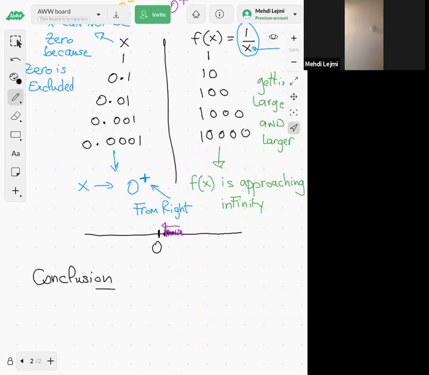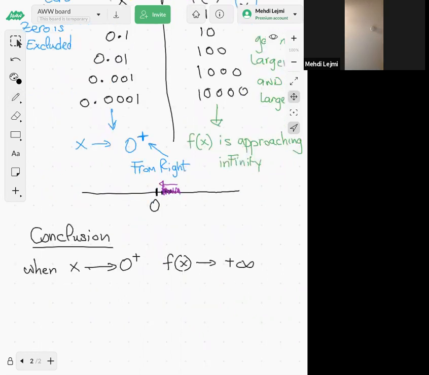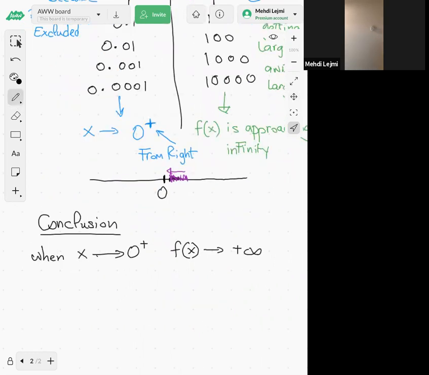So when x approaches 0 plus, the values of the function f are approaching infinity. This plus here means we are approaching 0 from the right.